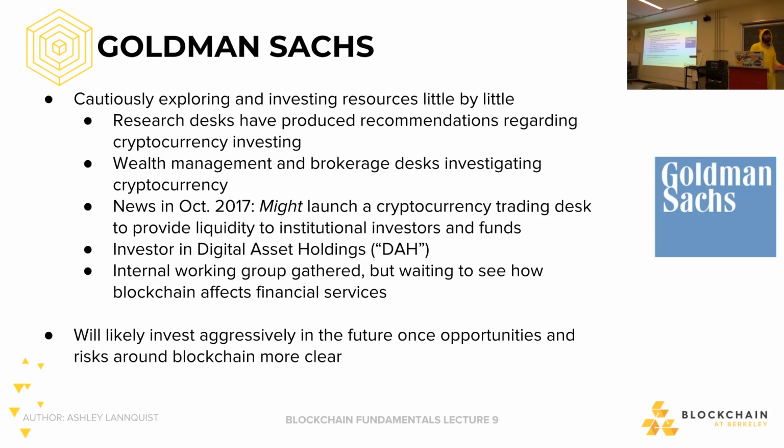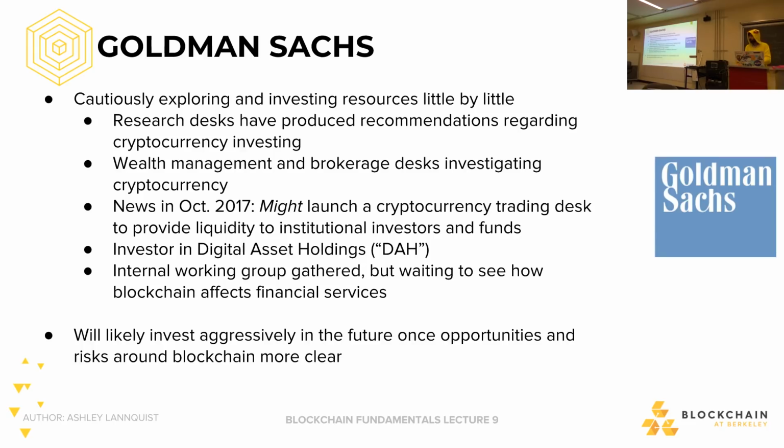Goldman Sachs. I bring Goldman Sachs up not because they've necessarily done anything significant, but because it's interesting to see where they stand. So they've been exploring more cautiously, being a more conservative company. They haven't done anything like JP Morgan has, but they are naturally, to avoid falling behind, putting in research and trying to see where they can use cryptocurrencies or blockchain to work with their own needs, such as wealth management and brokerage desks.